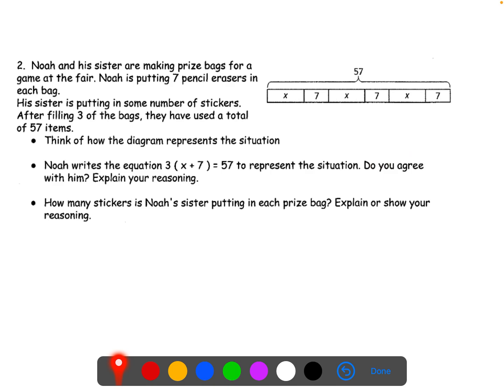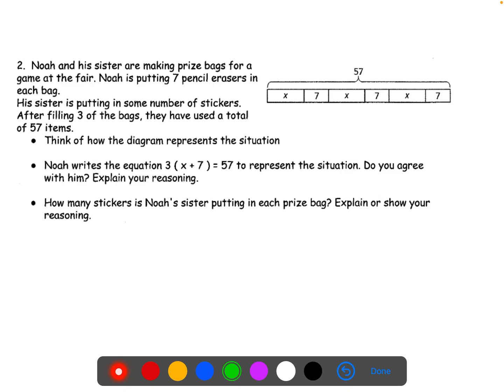Now let's look at the equation. Noah writes the equation 3(x + 7) = 57 to represent the situation. We need to decide if we agree. So I can definitely see, okay, it's split up a little bit differently, but we have in this equation telling us that there are 3 groups of x plus 7.